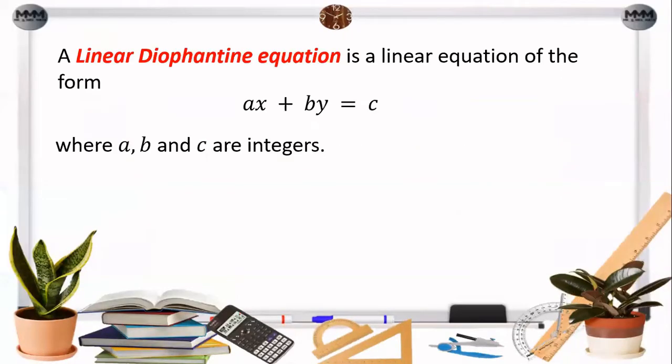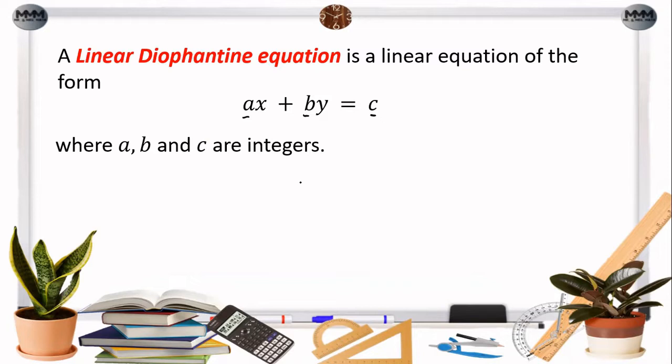Now, here's the definition of a linear Diophantine equation. It is a linear equation of the form ax plus by equals c, where a, b, and c are all integers.